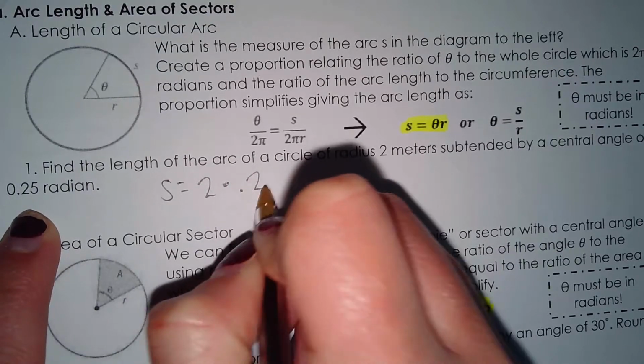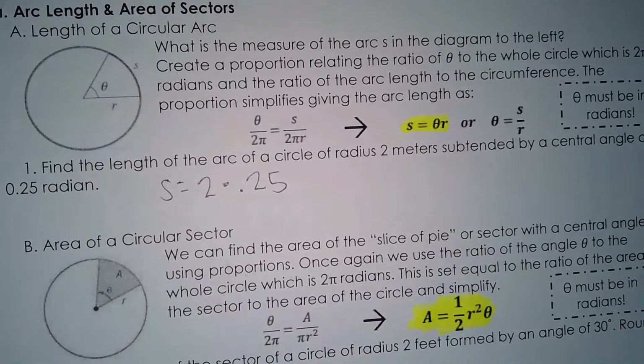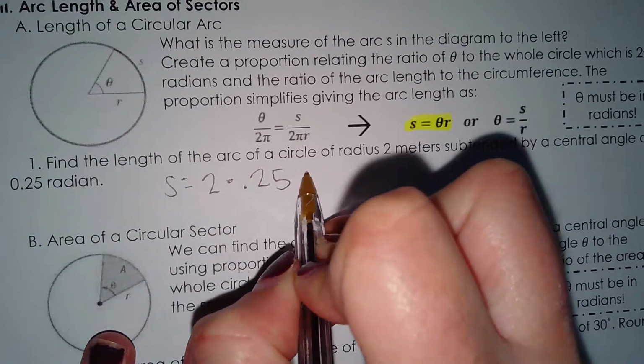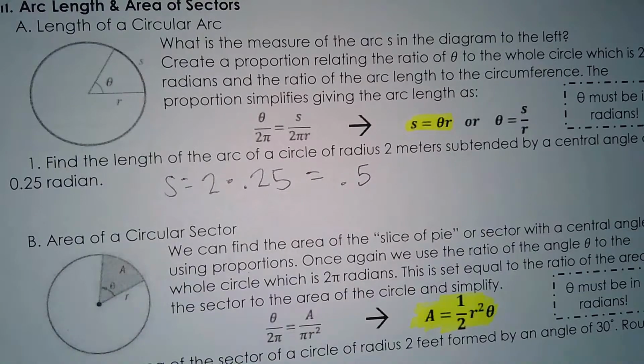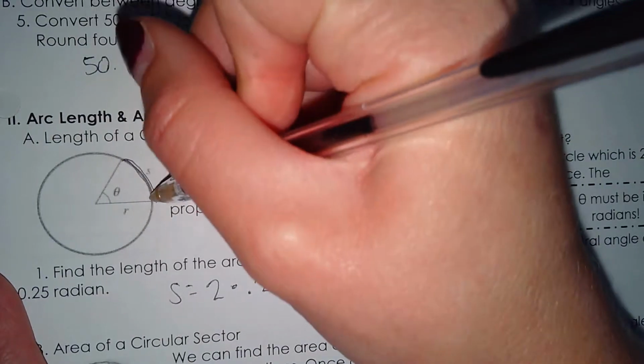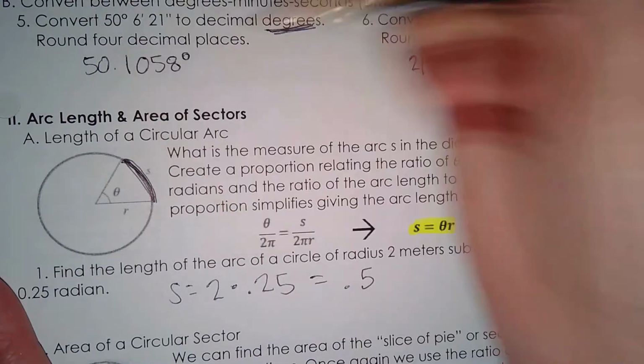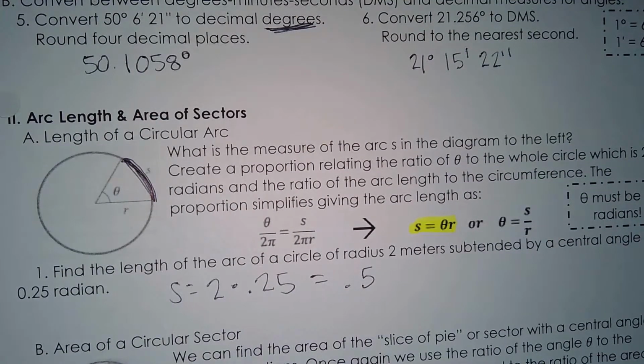Is that okay? And what do we get? 0.5. Questions there? We're all good? So that's your arc length, referring to this part of your circle. It's kind of like the crust of your pizza.